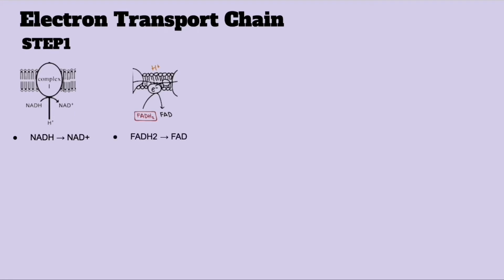Both electrons of each hydrogen from NADH and FADH2 are lost to the electron transport chain, and the hydrogen becomes a hydrogen ion. The high energy electrons from NADH and FADH2 will pass through the electron transport chain as they release energy along the way.